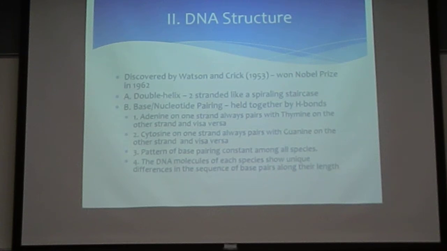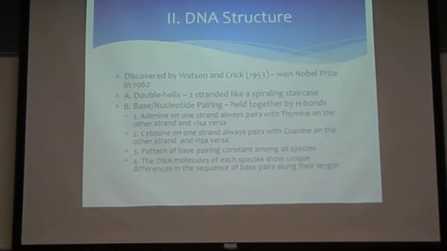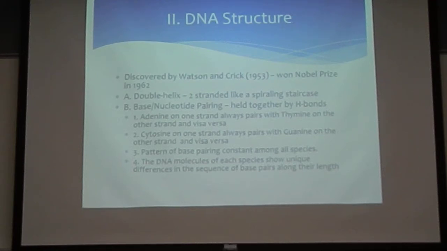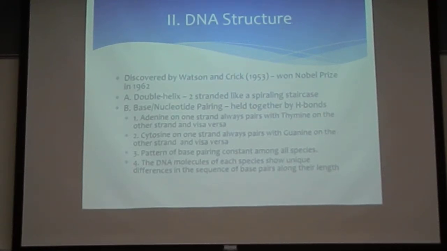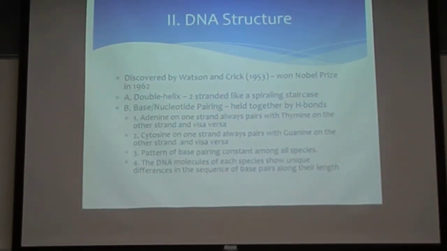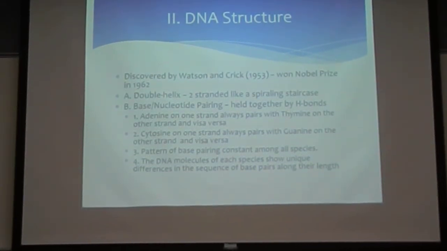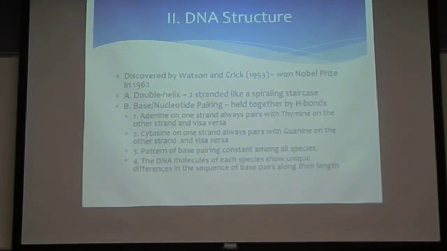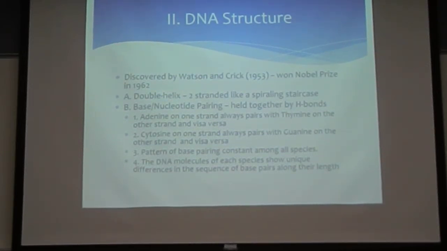Likewise, if it's thymine, on the other strand, it's always going to be adenine. So A and T match up together. Likewise, cytosine on one strand, then guanine's going to be opposite it on the other strand. If it's guanine, then it's going to be cytosine on the opposite strand. So they always pair up this way.